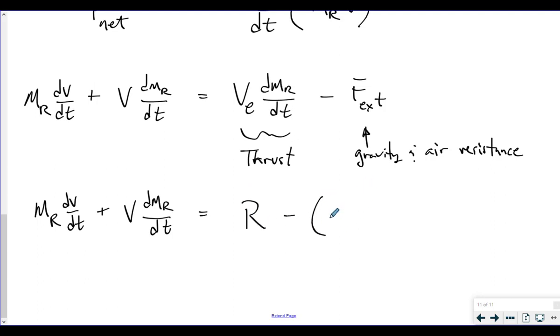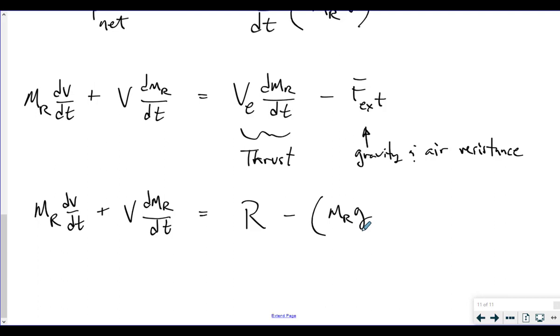And the gravity, what I'll do is I'll say that's the mass of the rocket that changes over time times some g, we'll put g here. Now actually, if this rocket travels far enough and leaves the surface of the Earth, then the actual acceleration will change as the rocket gets further from the surface of the Earth. So this g isn't necessarily constant.